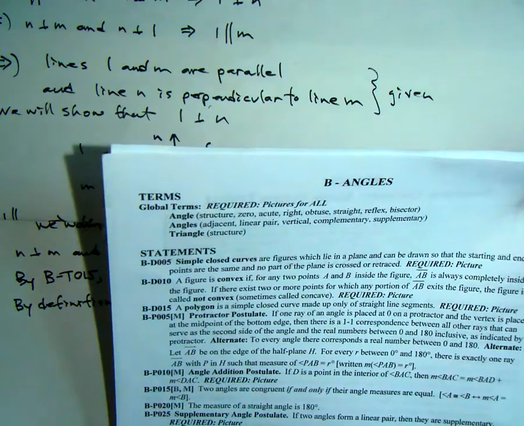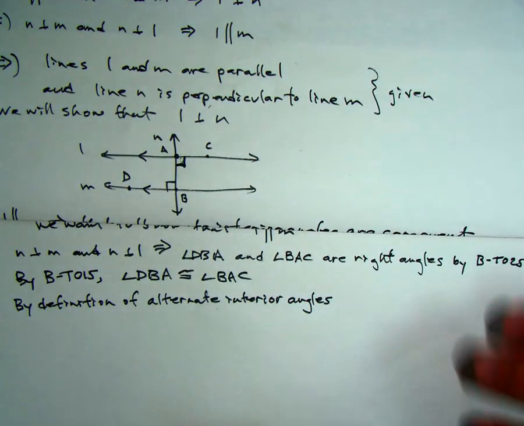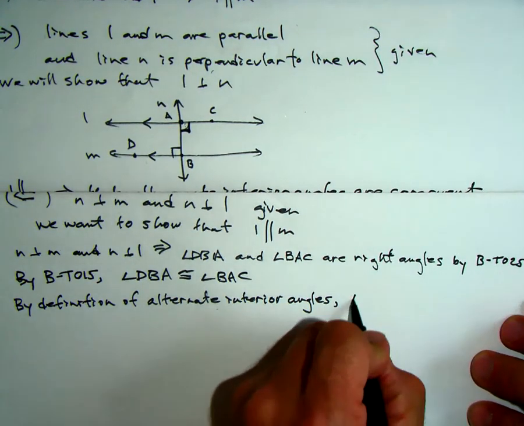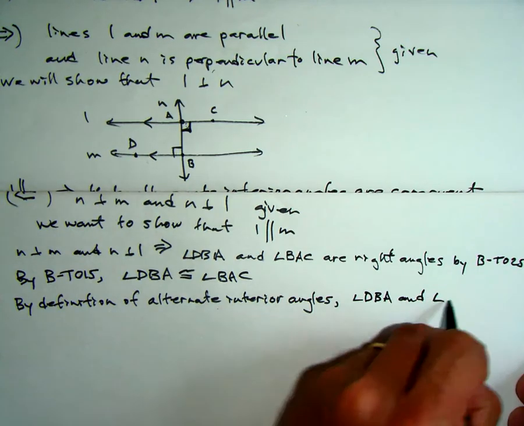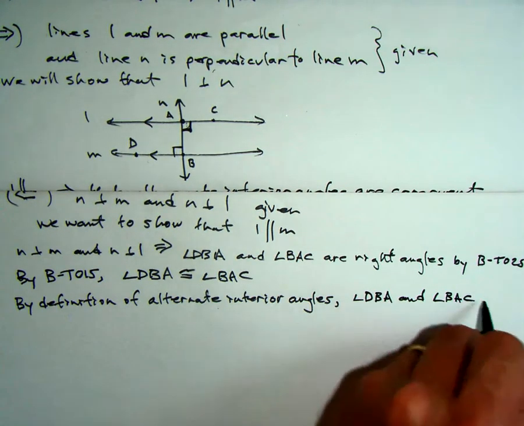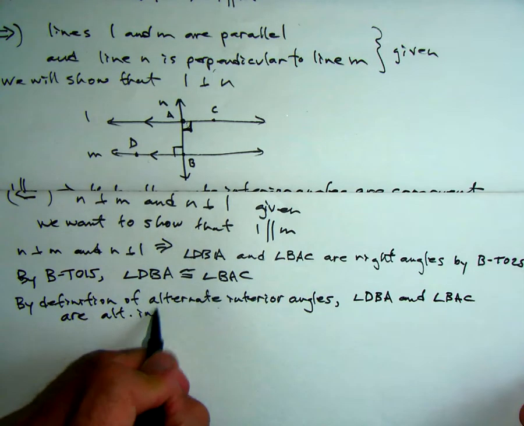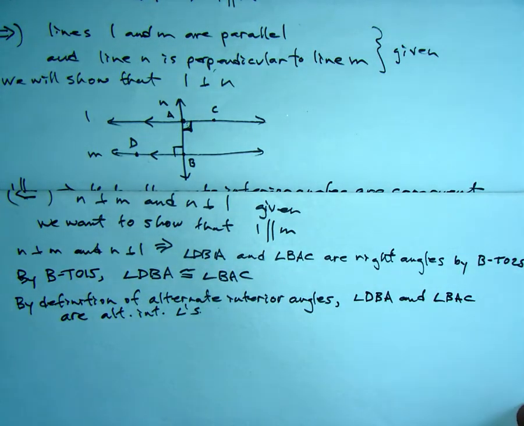Anyways, by definition of alternate interior angles, wherever we've defined that, I'm not going to worry about that too much right now, angle DBA and angle BAC are alternate interior angles. All right, just shorthanding it right now for the sake of the video to not make it too terribly long.